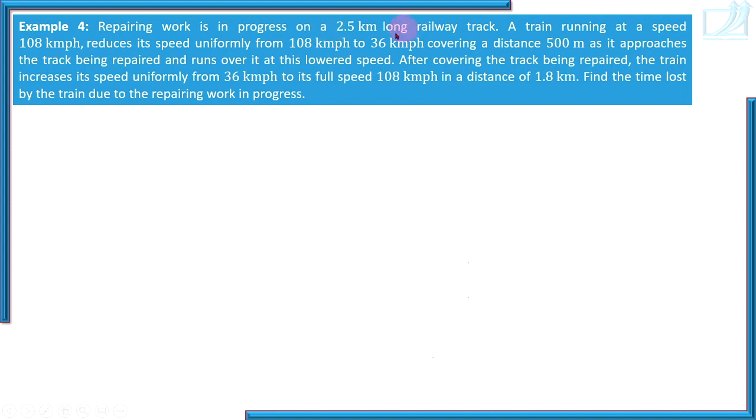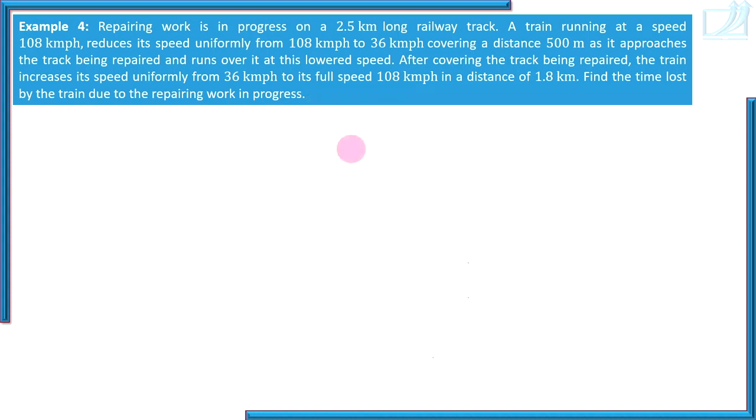But after covering this track, train increases its speed from 36 kilometers per hour to 108 kilometers per hour, and to increase its speed from 36 to 108 kilometers per hour, it covers 1.8 kilometers. Now find the time lost by the train due to the repairing work in progress.